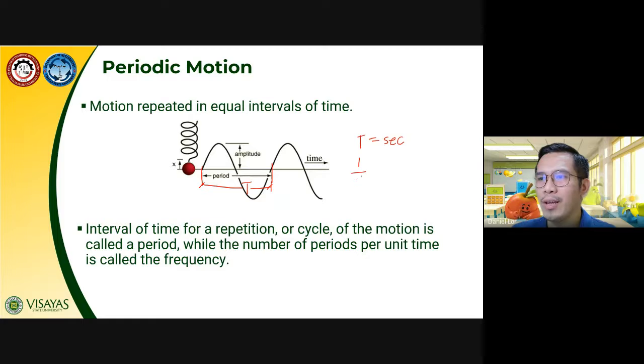However, on the other hand, T is equal to the inverse of frequency, or frequency is the inverse of T, wherein your unit is second to the negative 1. For frequency, we can also write that as hertz.